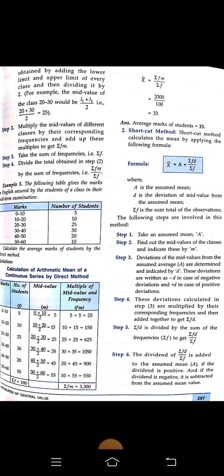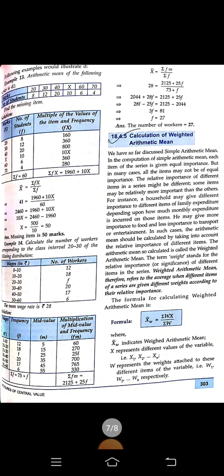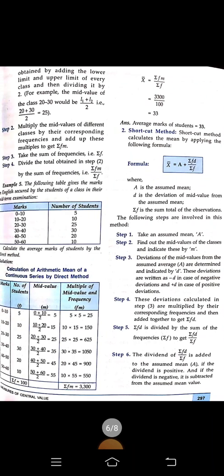Okay, there is a shortcut method. The shortcut method is, we can just write A and frequency FD by frequency F. How to do that? In the shortcut method, first of all, the marks we have to write. Marks means the class interval we are having, 0 to 10, 10 to 20, 20 to 30, we are writing that.